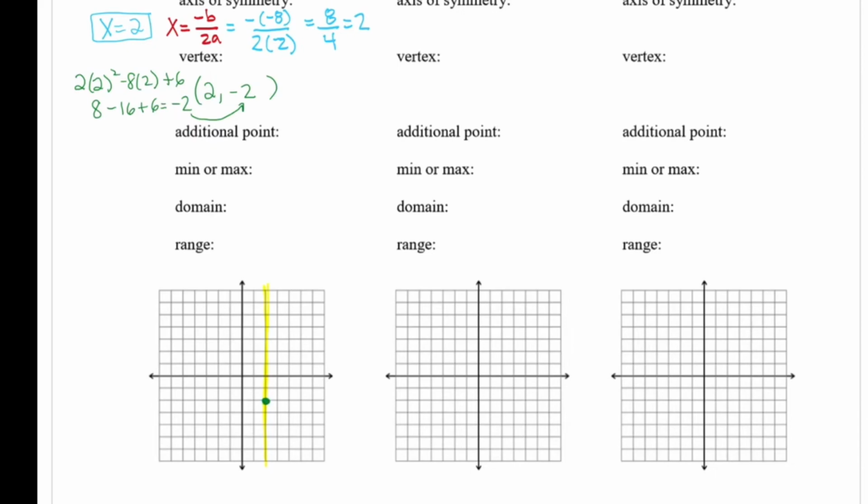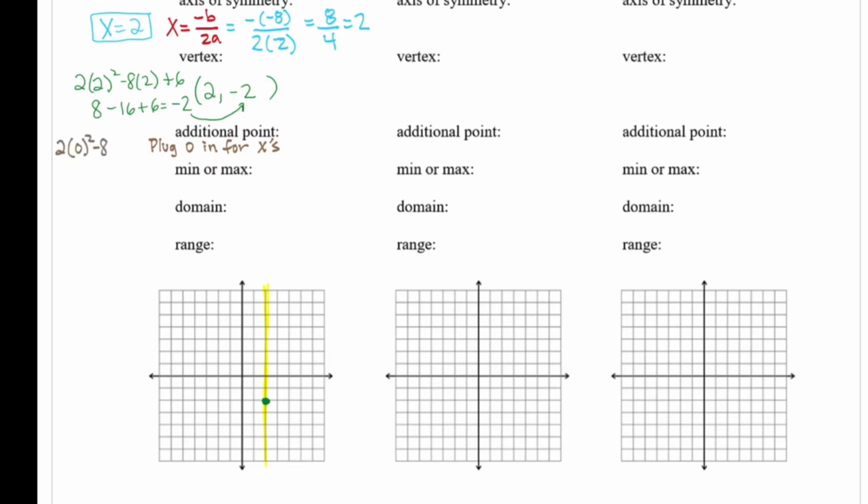Now we need to find an additional point. We can do that one of two ways. We can find the y-intercept by putting 0 in for all the x's, or we can use key points. When we put zeros in for all of the x's, we end up with C all by itself.